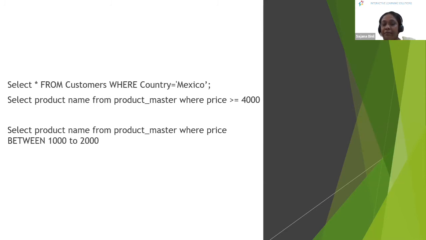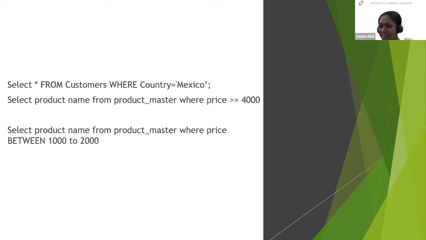Then we have select star using the where clause. So there are different operators that we can use with the select command. Remember guys, this is one command, select, but what we are seeing are different variations in which the same command can be used to retrieve different types of records, using the select command along with different operators, these where clauses and or clauses that we are talking about.